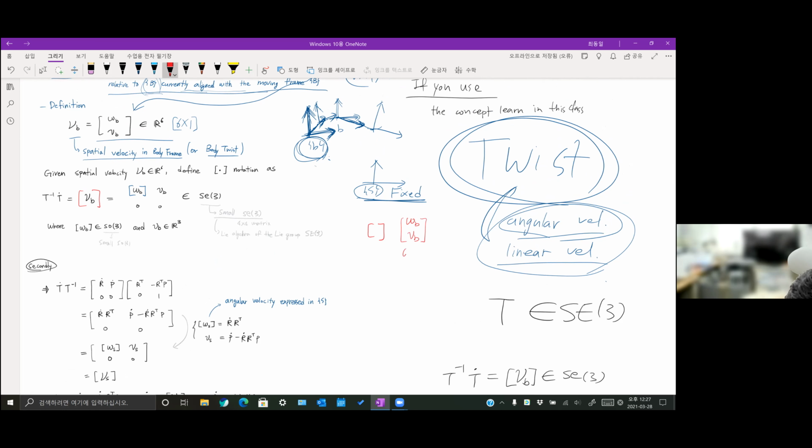This kind of 6x1 vector, by using this red bracket, we can convert to a 4x4 matrix.